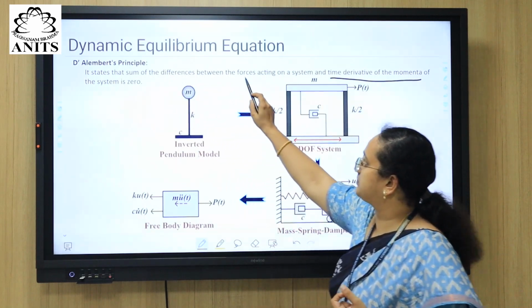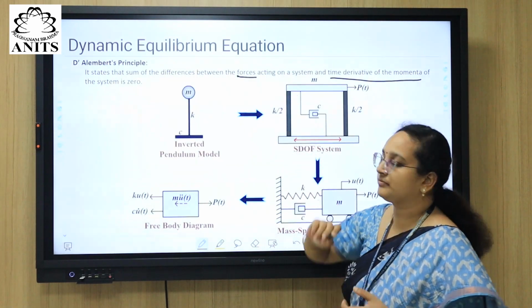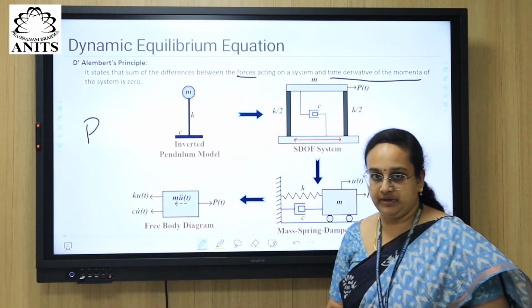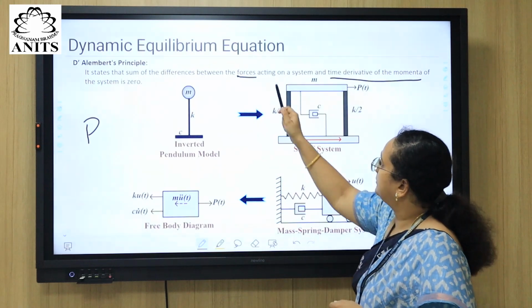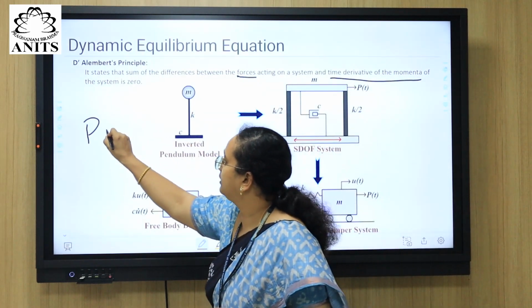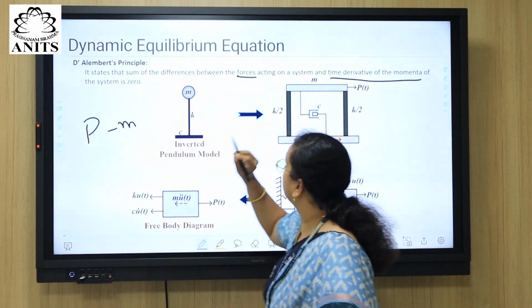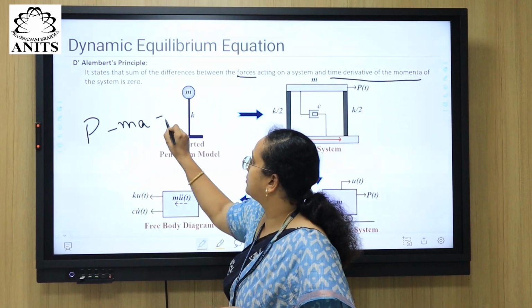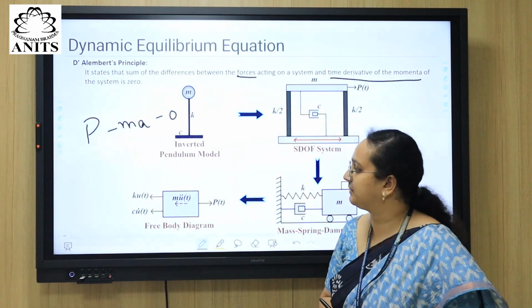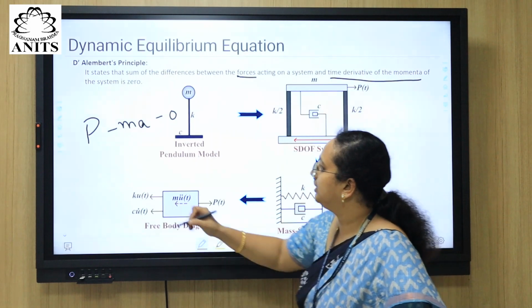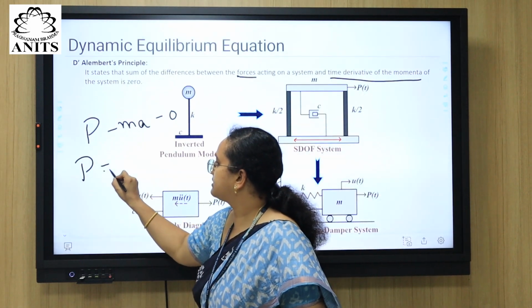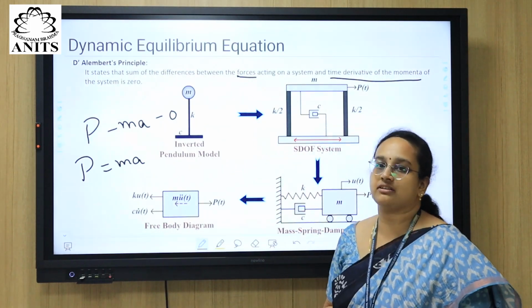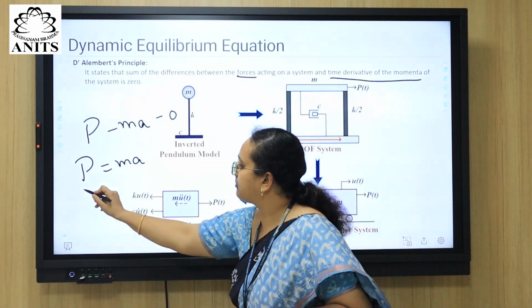Sum of the differences between forces acting, right? The total force, if we say P, because we are talking about P, whatever force that is being applied, P, and the time derivative of momenta, which is mass into acceleration, is equal to 0. This is what is D'Alembert's principle. So we can say that P is equal to mass into acceleration, which is nothing but Newton's law also, right? So what is this mass into acceleration?